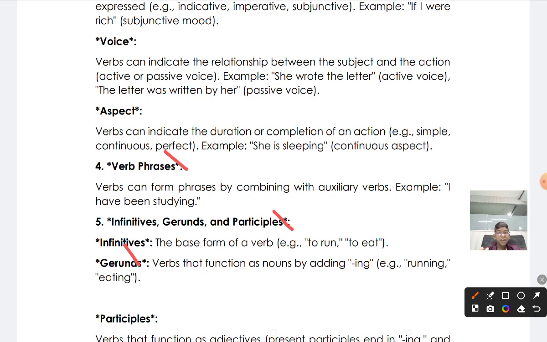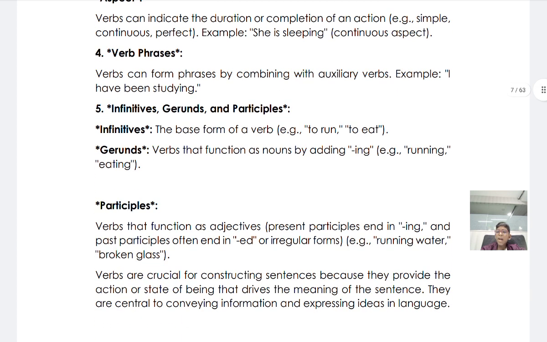Example, running, eating, and so on. Participles: verbs that function as adjectives. Present participles end in -ing, and past participles often end in -ed or have irregular forms. Example, running water, broken glass.